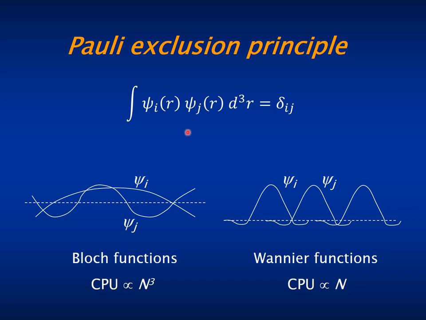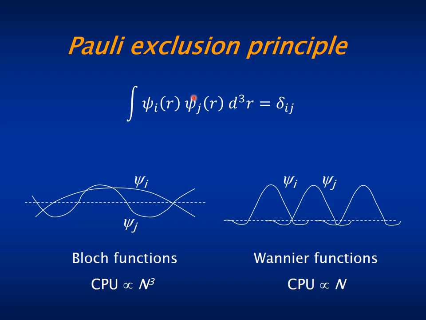Thus, simply to check that they are in fact orthogonal, you have to perform an integral over all space whose volume is proportional to the size of the system, so to the number of electrons, and you have to do this for each pair of occupied states, psi i and psi j. So this gives the three factors n that make the cost scale as n cubed.